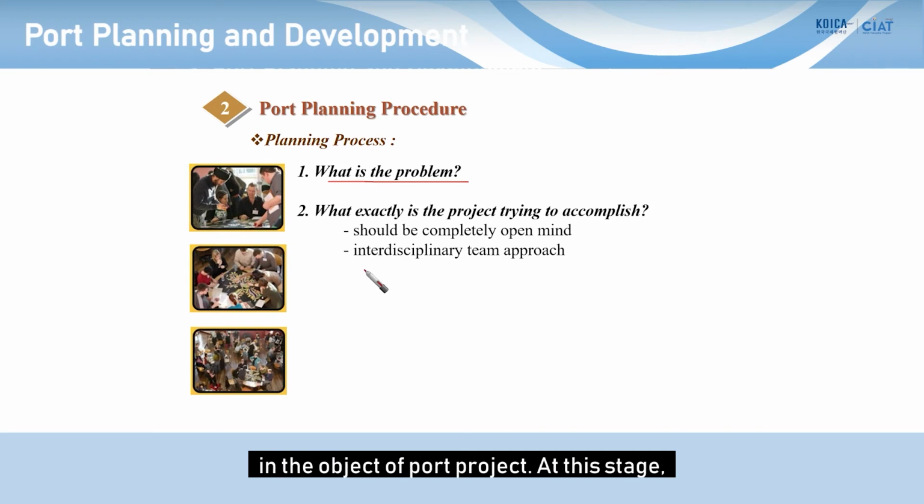At this stage, we should open the issues. The team should be grouped from different parts. We call it an interdisciplinary team, with engineering and technology, economy and management, law and social fields, environmental experts, etc. It should not be narrow-minded.